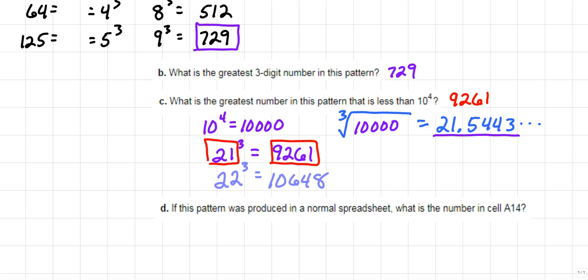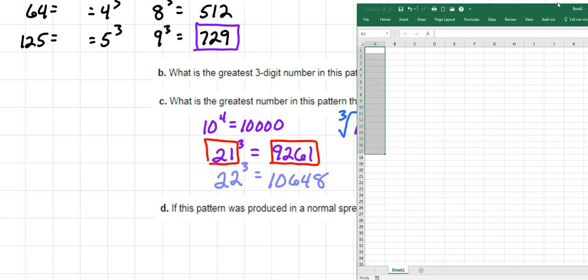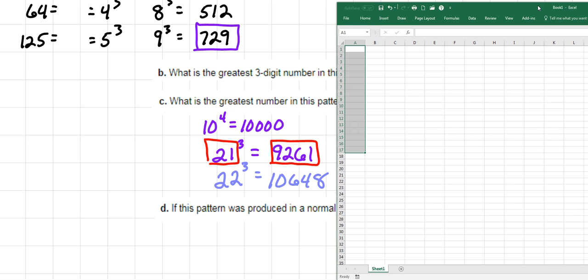All right, and part D says, if this pattern was produced in a normal spreadsheet, what is the number in cell A14? Well, when we look at a normal spreadsheet, for example, this is Excel, we would note that this is A1, this is A2, this is cell A3, this would be cell A14.